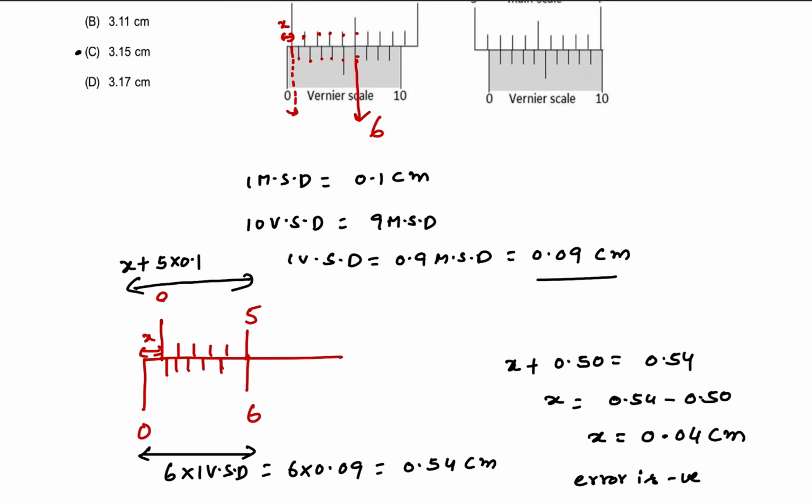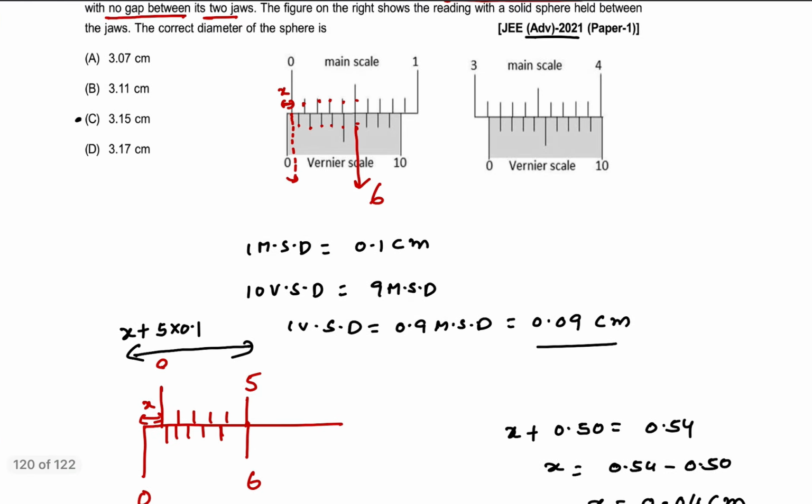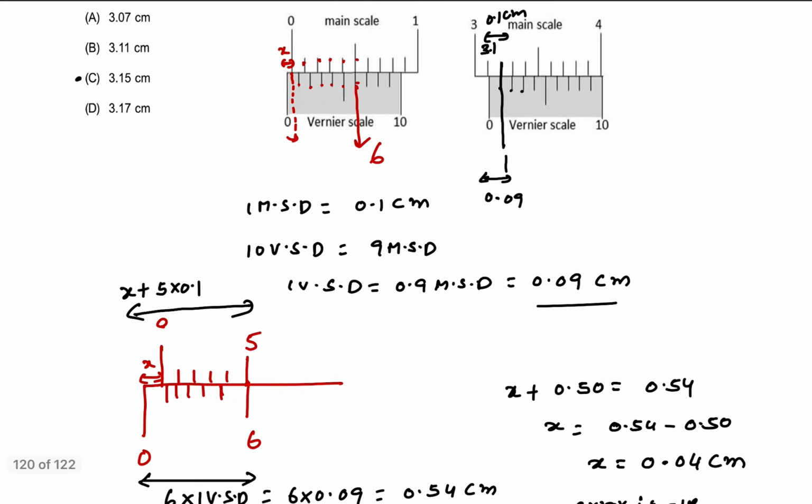Next one, you can see that whenever the object is kept, this is 3.1. Next, which division is coinciding? 1, 2, 3. Sorry, first division only is coinciding. If the first division is coinciding, one division gap is equal to how much? 0.09 centimeters. But this division gap is how much? 0.1 centimeters.